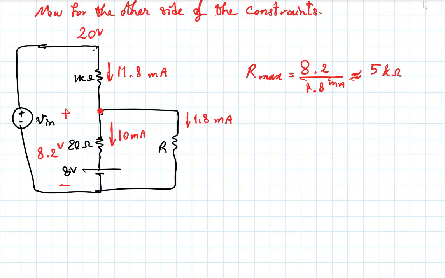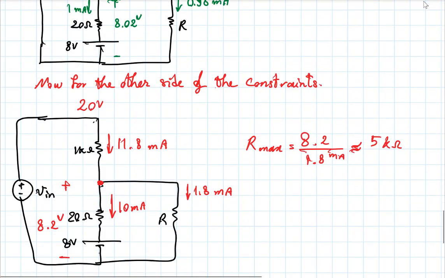What will the Zener current be? If I have 11.8 milliamps going down there and 0.8 goes to the resistor, the Zener current will be about 11 milliamps. That's not allowed. That's bad. If I try to follow one constraint, the other ones seem to be in trouble.